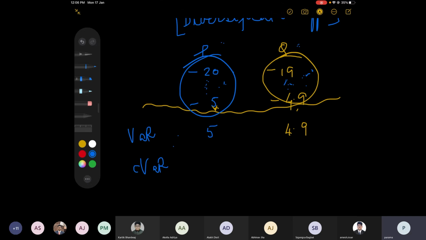But sigma of P may still be less, but P is riskier. Think about it this way. P is worse than Q under all possible circumstances, so any measure of risk that you take should reflect that P is riskier.